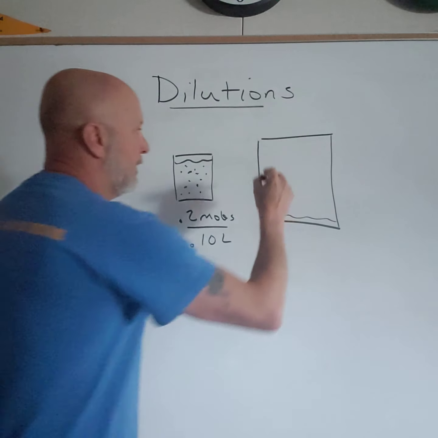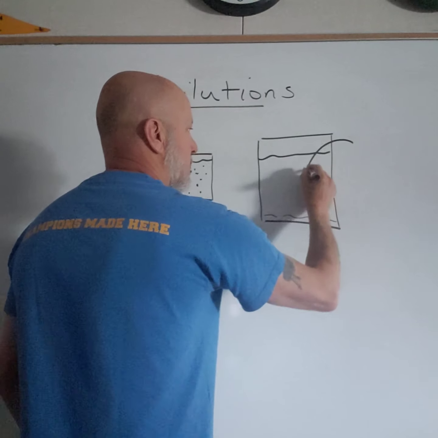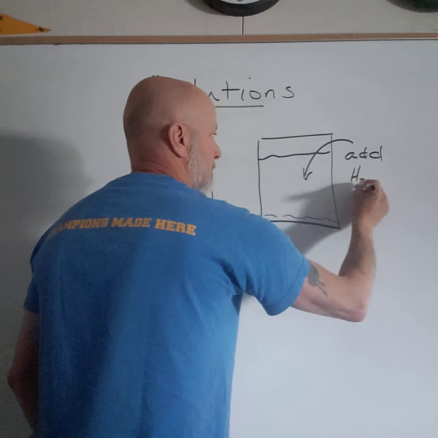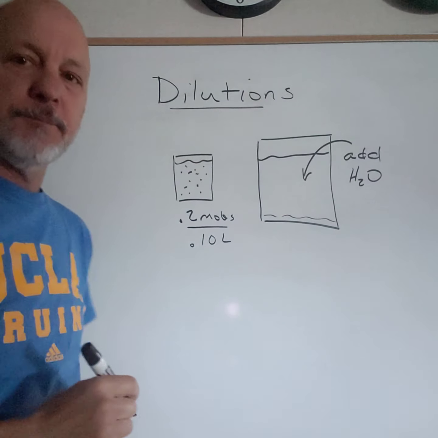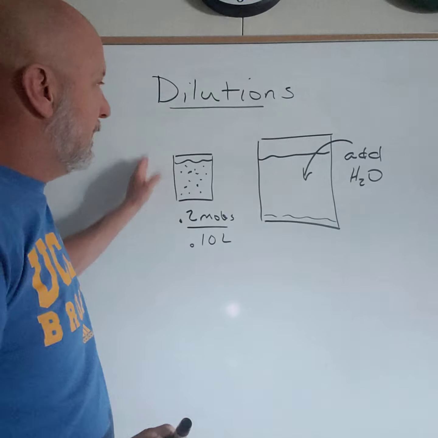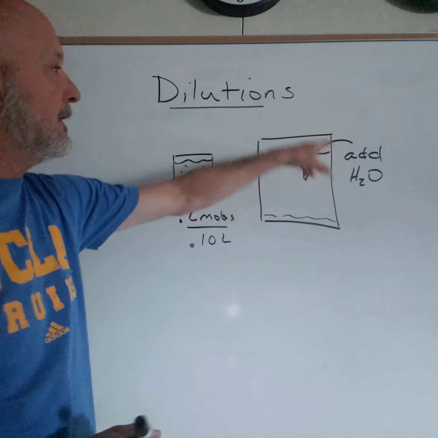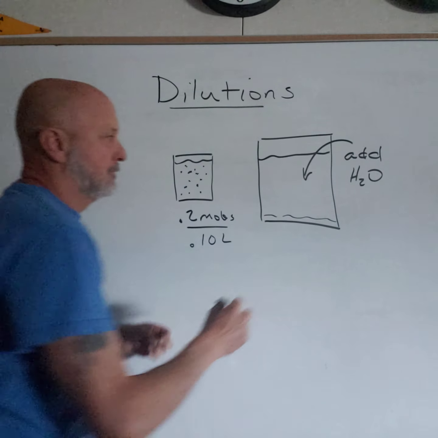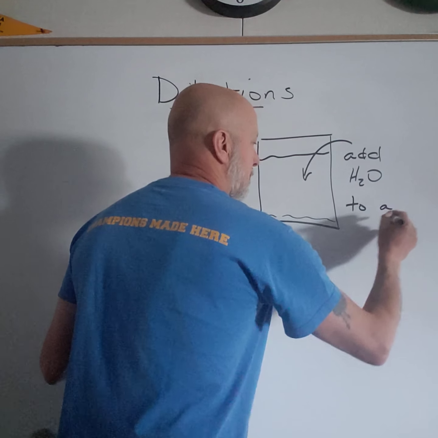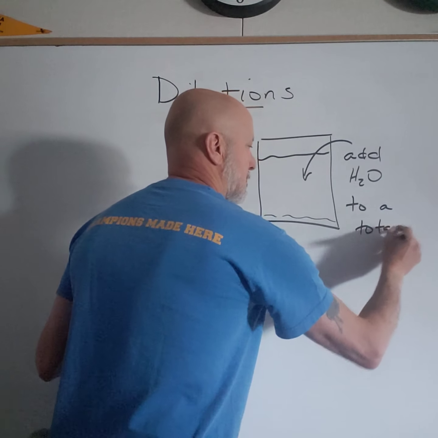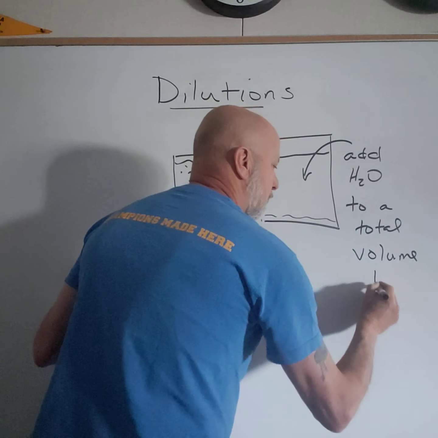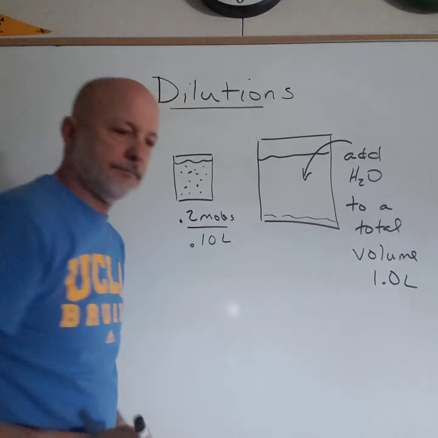And then I'm going to add water, just deionized water. So I took my concentrated salt solution and dumped it into this beaker, and then I added water to a total volume of 1.0 liters.